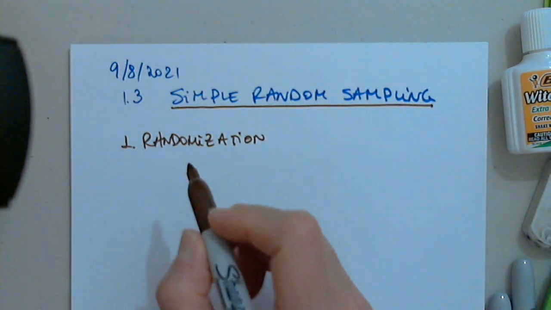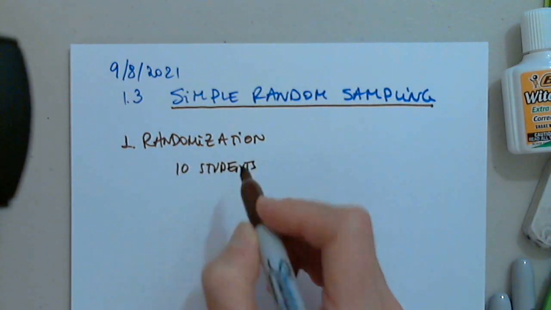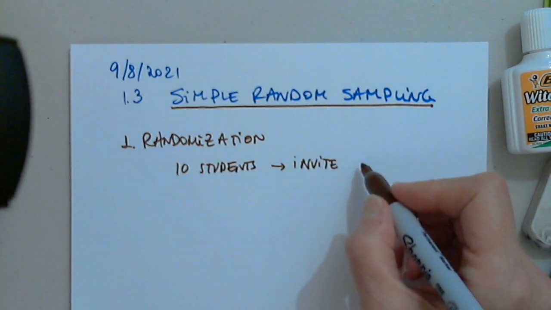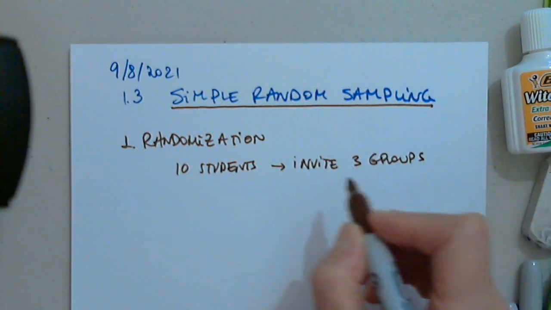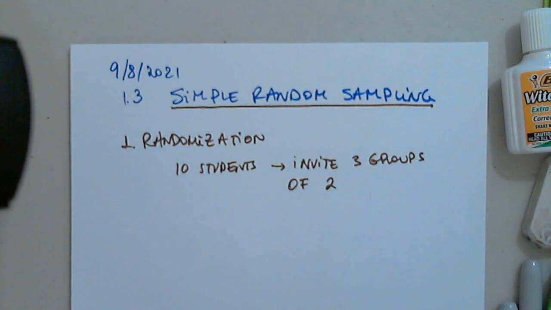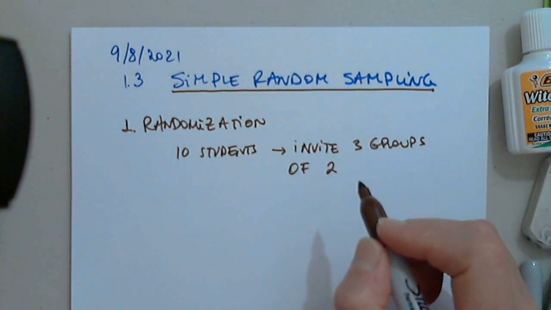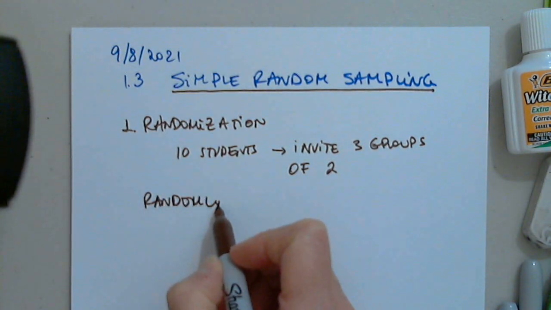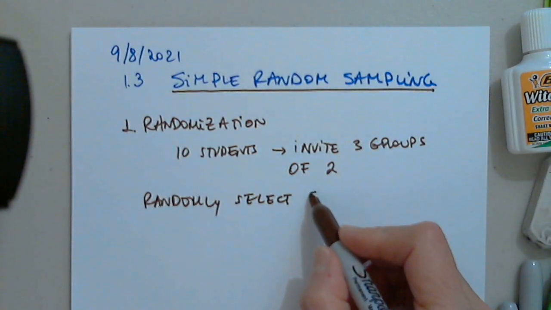Let's say we have 10 students, and I want to invite three groups of 2 to a dinner party. Now I would like to randomly select several groups.